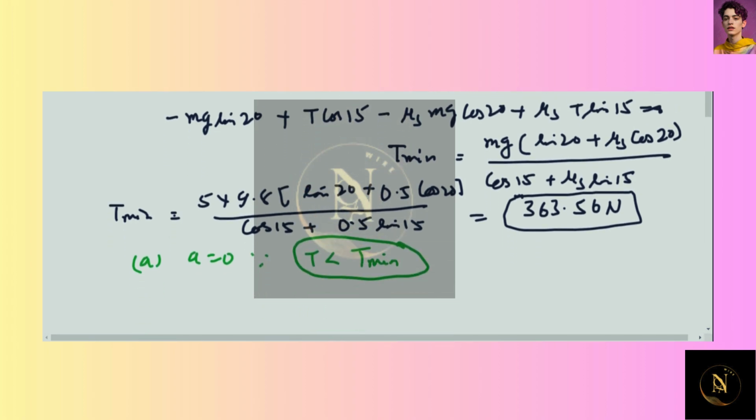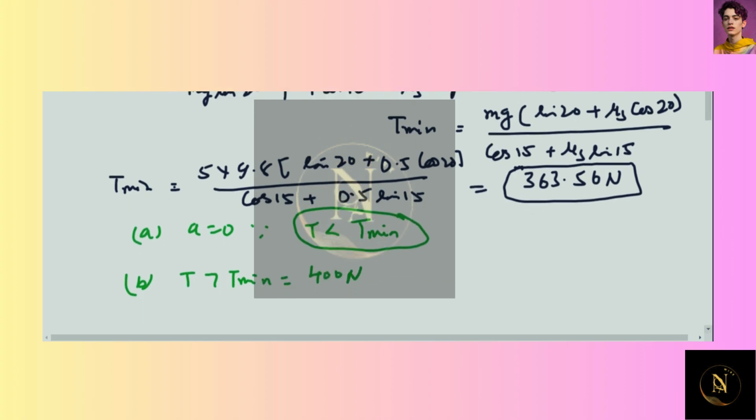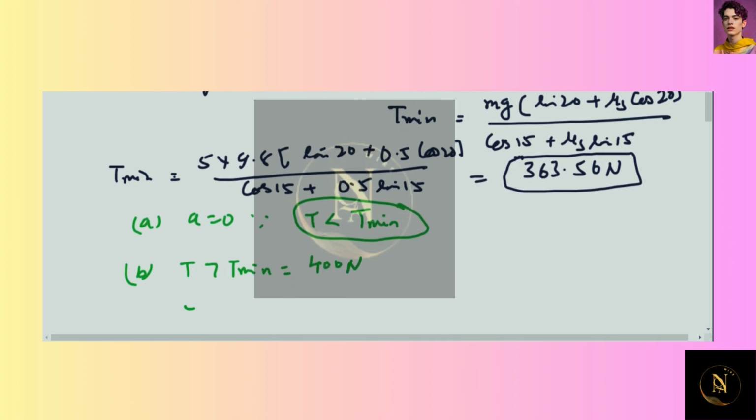But if tension is more than T minimum, which is given as 400 Newton, the equation of motion will be minus mg sin 20 plus T cos 15 minus mu k mg cos 20 plus mu k T sin 15 is equal to ma.